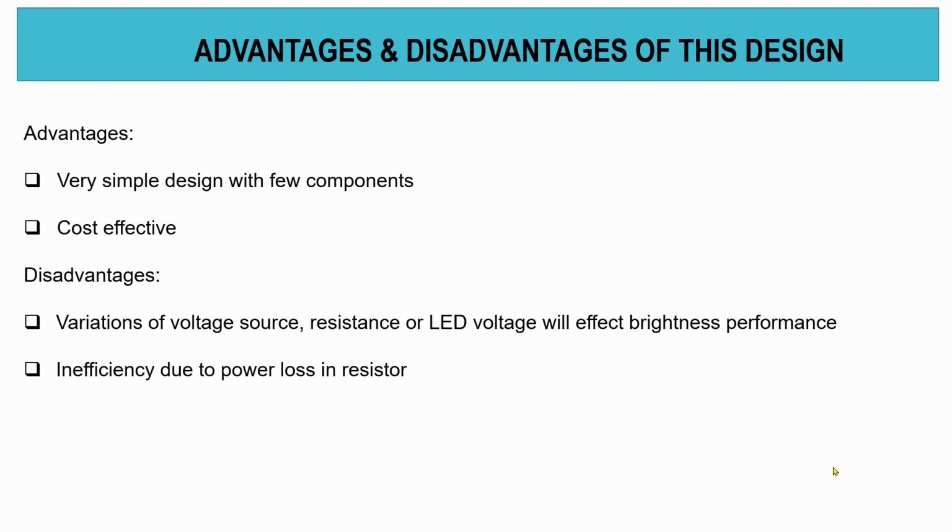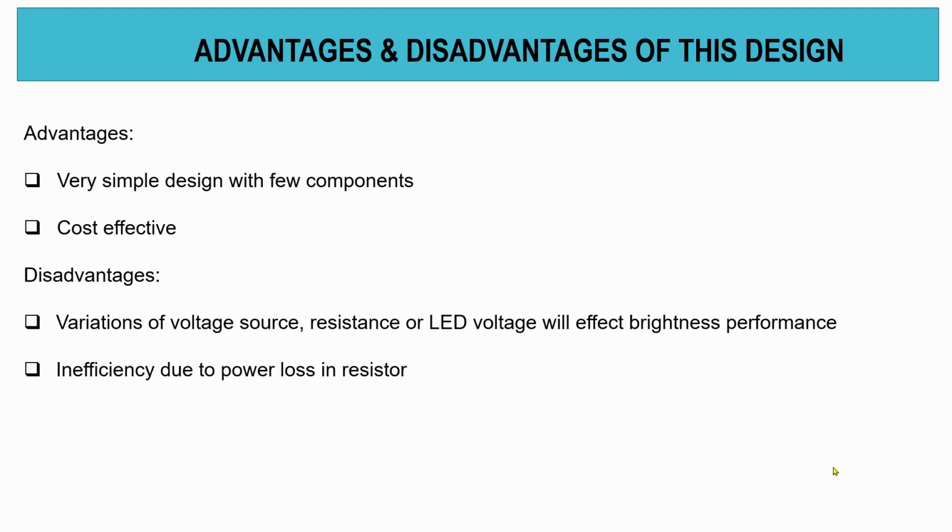However, the disadvantage of this type of circuit is that if your source, your resistance, or your LED voltage changes, it will affect the amount of current going through it, and that will affect the brightness performance of the LED. Another issue is the efficiency of the circuit, you will create some power loss in the resistor.